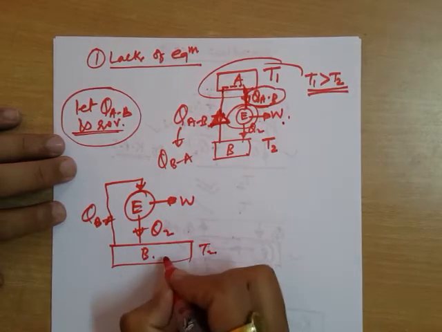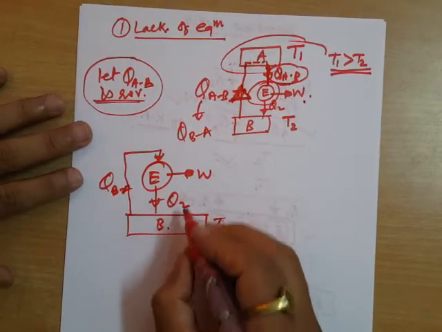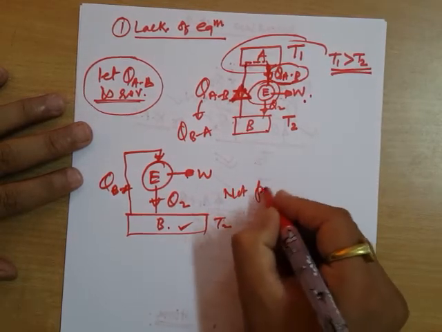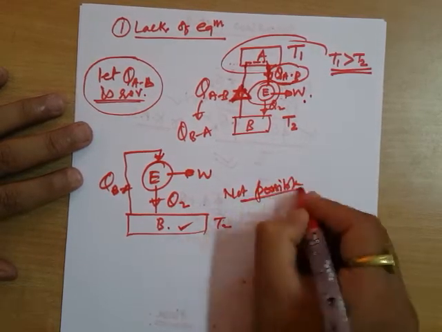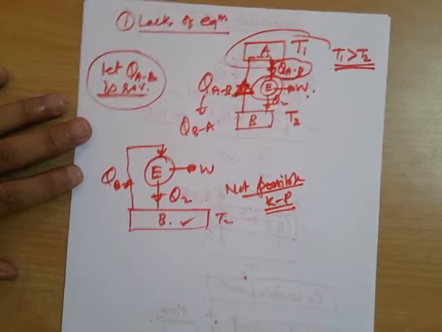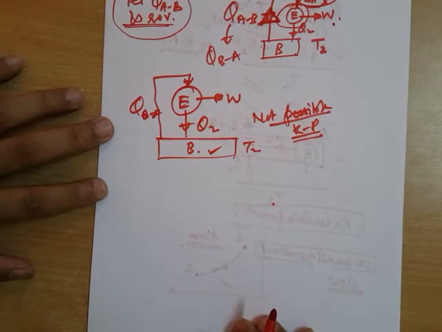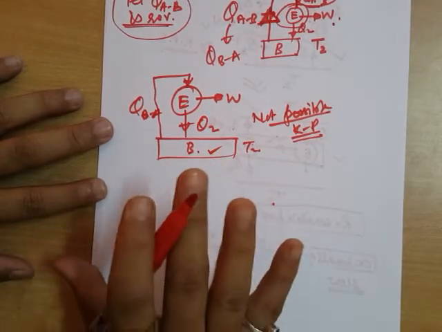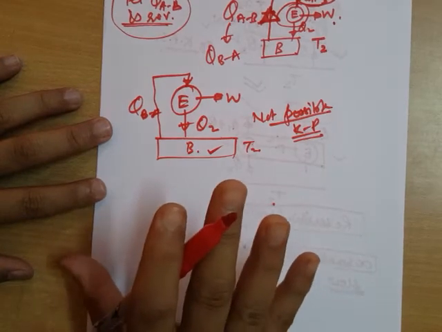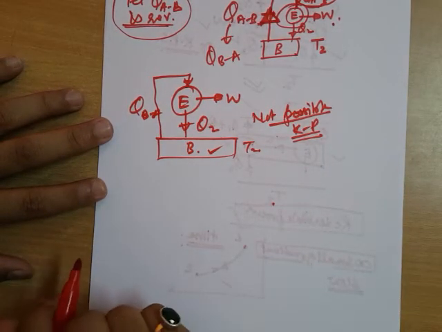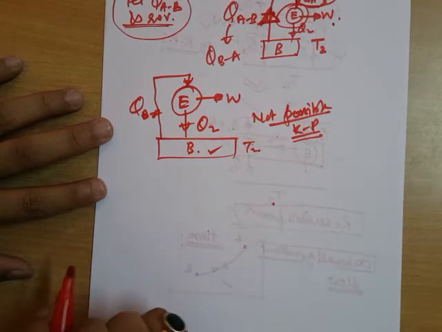So this engine is in contact with a single thermal energy reservoir, which is not possible. Why? Because of violation of the Kelvin-Planck statement. Hence, we can say that the heat transfer occurring because of a finite temperature gradient is irreversible. So if somebody wants to make a reversible heat transfer, what does he have to do?